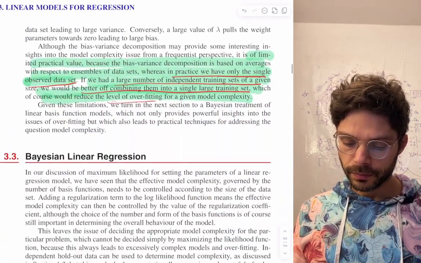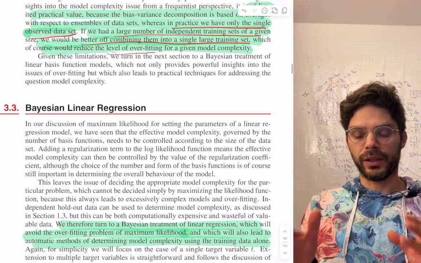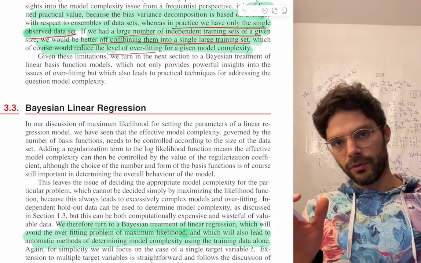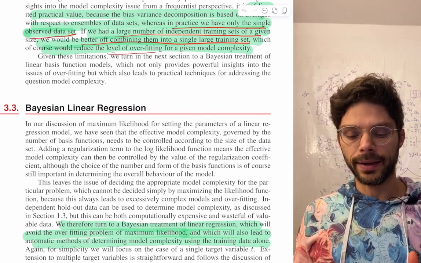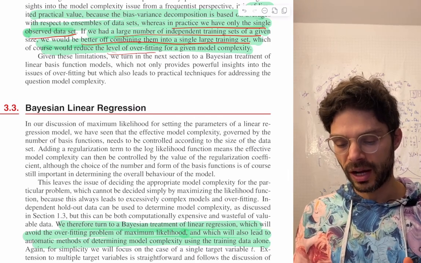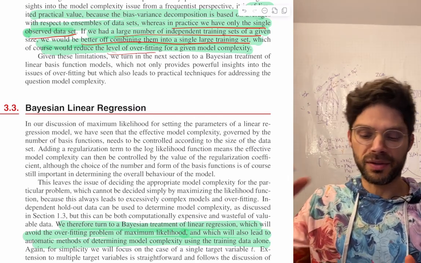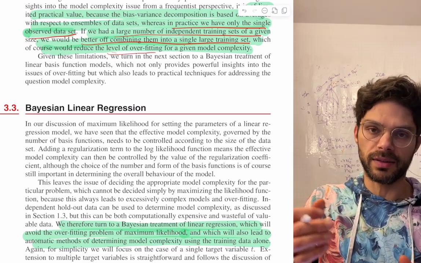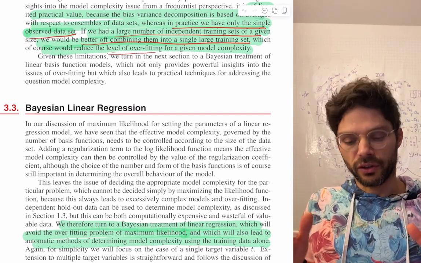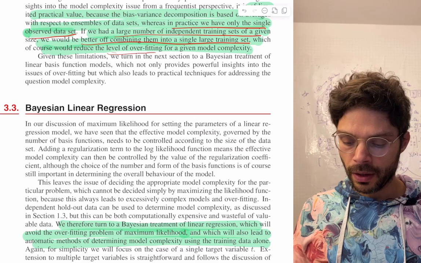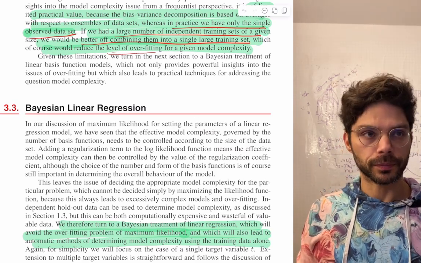Okay. After having looked at the frequentist approach, with a little bit of Bayesian material with the priors on the weights, we now start looking at the Bayesian approach to linear regression: having a prior on the weights and then a posterior on the weights. So not reporting a point estimate, but trying to keep the whole uncertainty on the weights the whole way through.